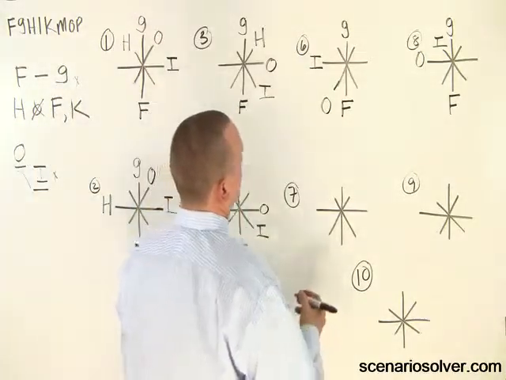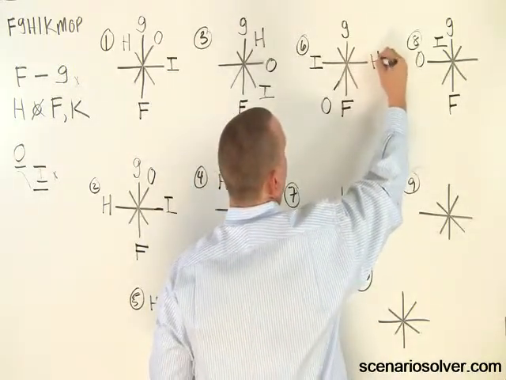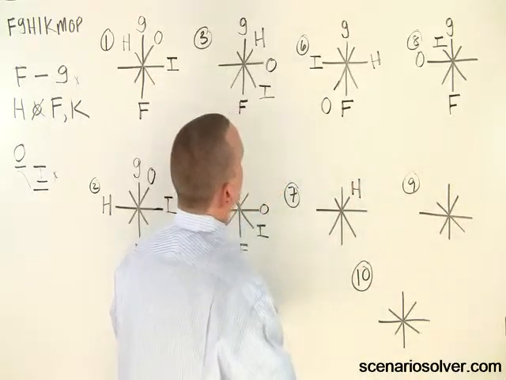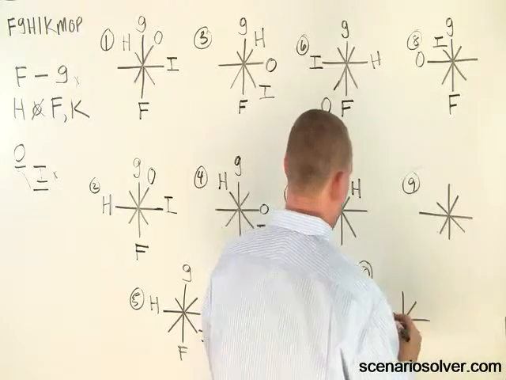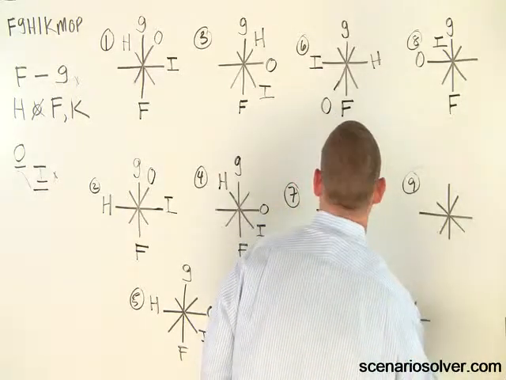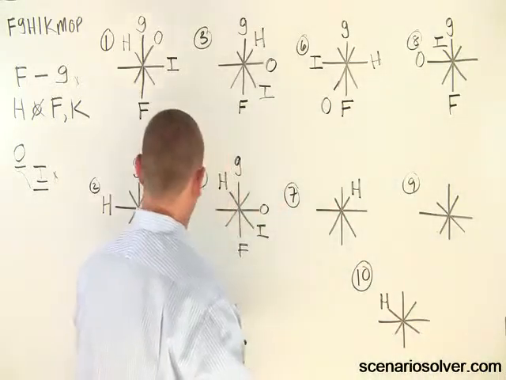And now I just move a little further, and H can do 3 things here. H can go here, H can go here, and H can go right here. All right?